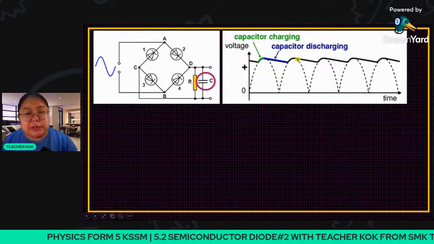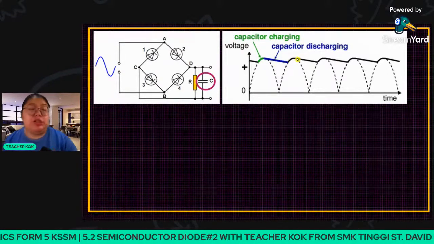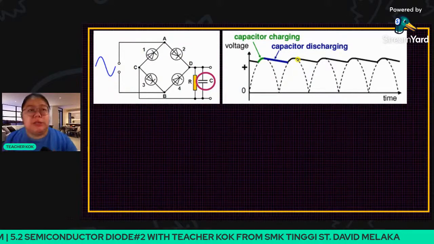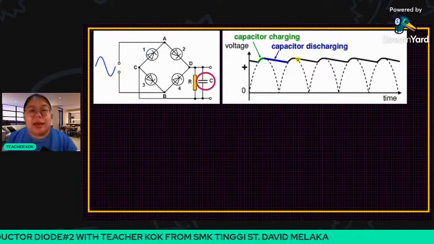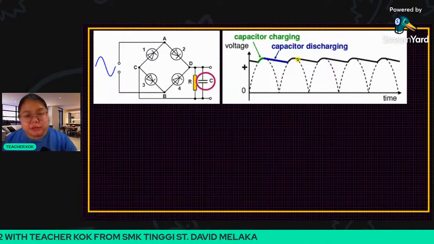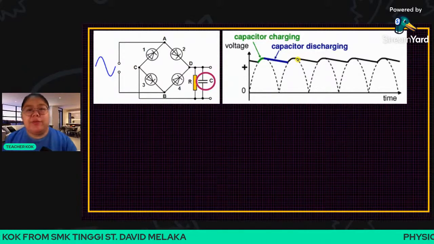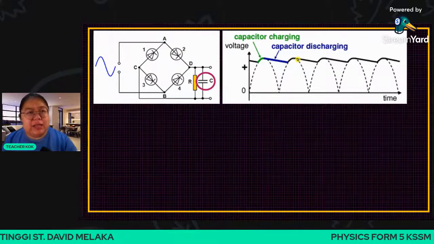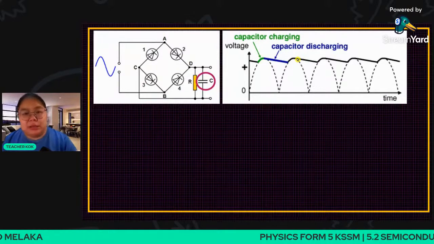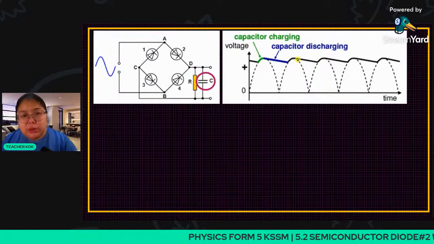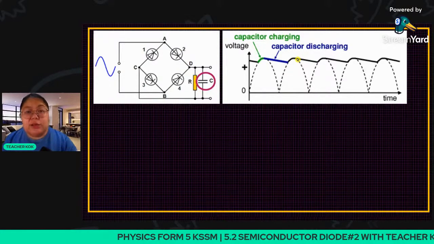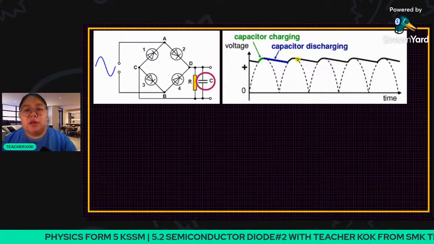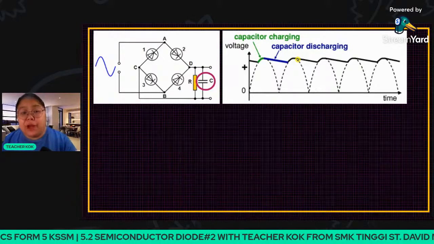So now the capacitor charges again, then discharges. That means the capacitor's function must be charge and discharge, charge and discharge. If you never let the capacitor discharge and charge, the capacitor does not function. Important: once it has charged, it needs to discharge. So that means the capacitor can function.